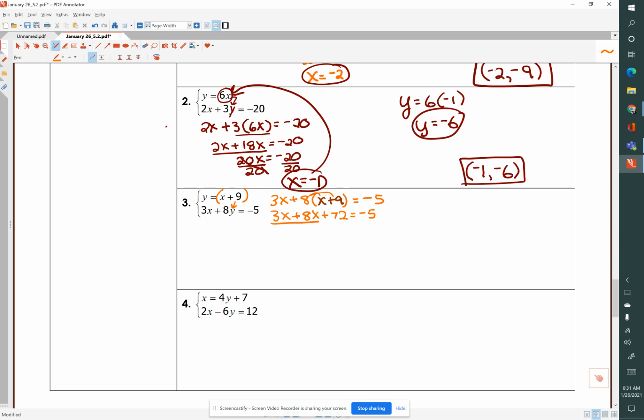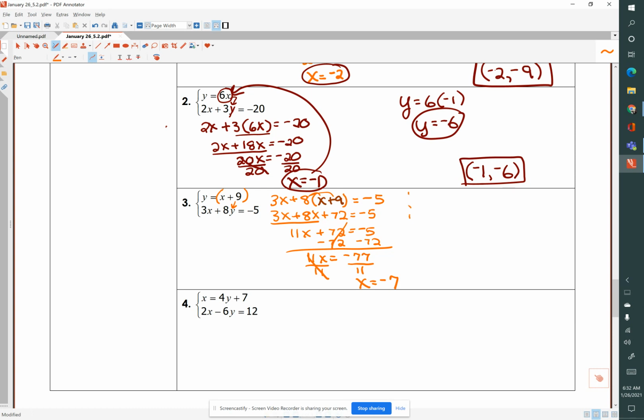Then I'll combine like terms. 11x plus 72 equals negative 5. Now I will subtract 72 from each side. 11x equals negative 77, and when I divide both sides by 11, x equals negative 7.